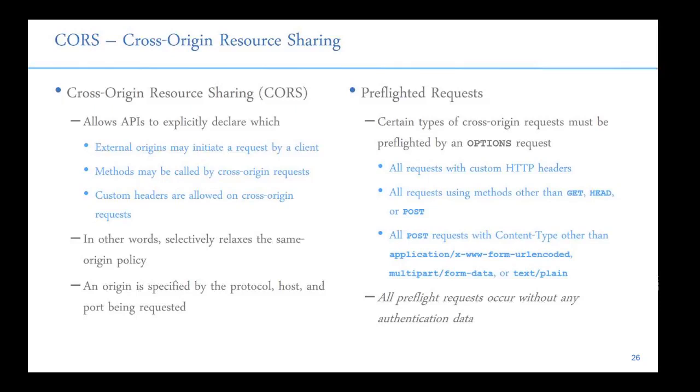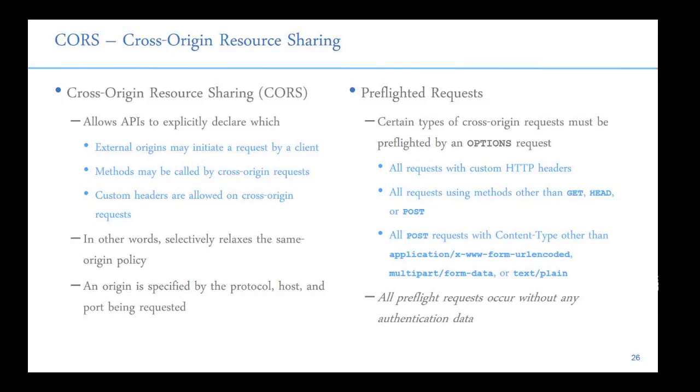So in CORS, there's this notion of pre-flighted requests. That's basically where, before you do a certain type of request, the client will automatically issue another request with an options method. And this occurs whenever one of the three following conditions is met.